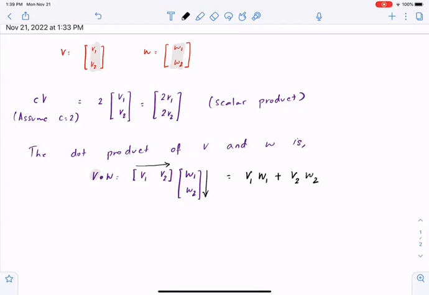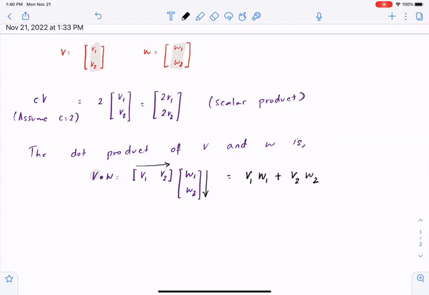If I extend this to higher dimensions, say a 3-dimensional vector or a 4-dimensional vector, the process is exactly the same. I'll show you in a bit. You have to know that when we do a scalar product on a vector, the result is a vector, but the dot product of two vectors is always a number, in other words, a scalar.